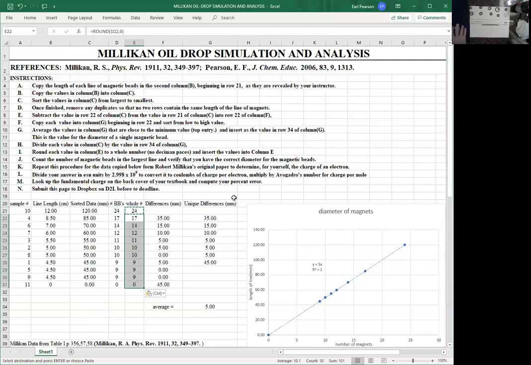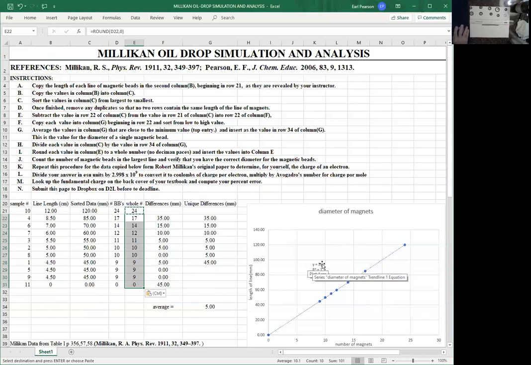Okay, now, so we've got our table of data, and I've already set up Excel to do the graphing for you. And on the table, it has the equation for the line. Y is equal to 5x plus b. In this case, the intercept is 0.